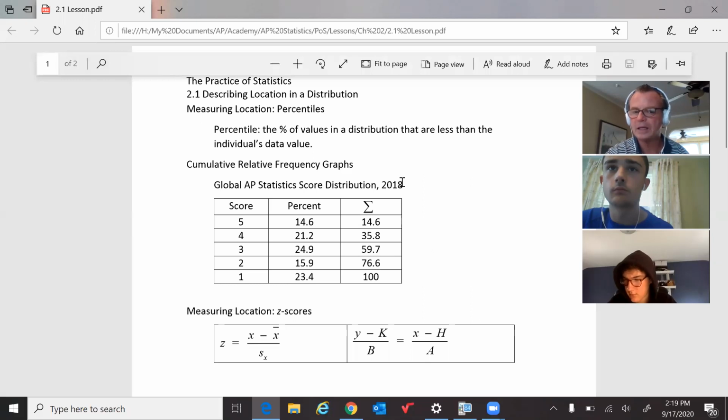And in 2018, here's what happened. 14.6% of the total students in the cohort, everybody that took the test, got a 5. 21.2% got a 4. So that's 35.8% as the sum.